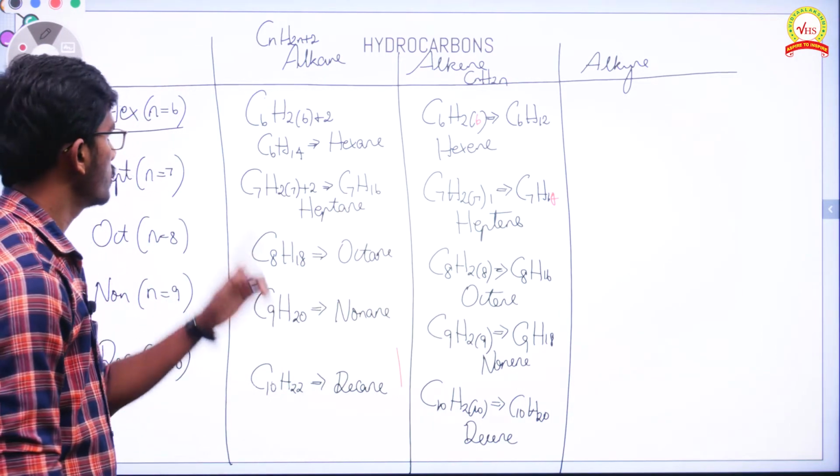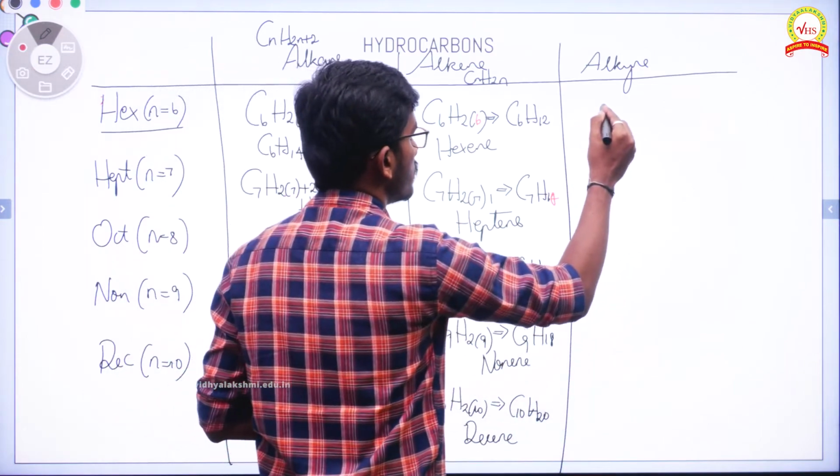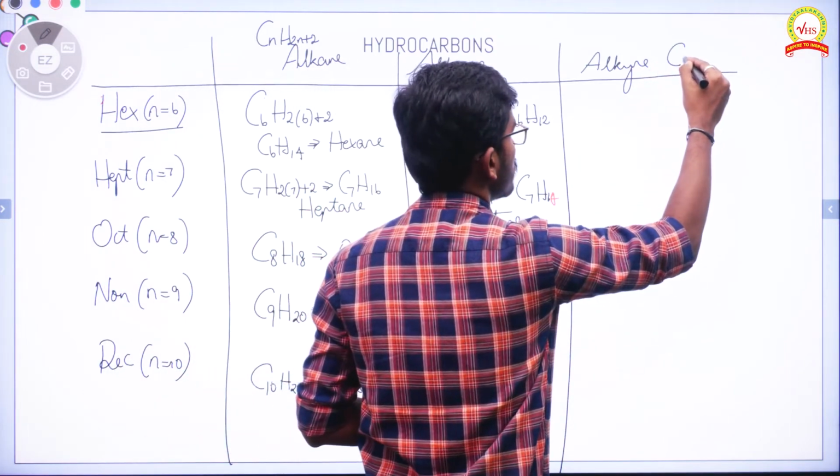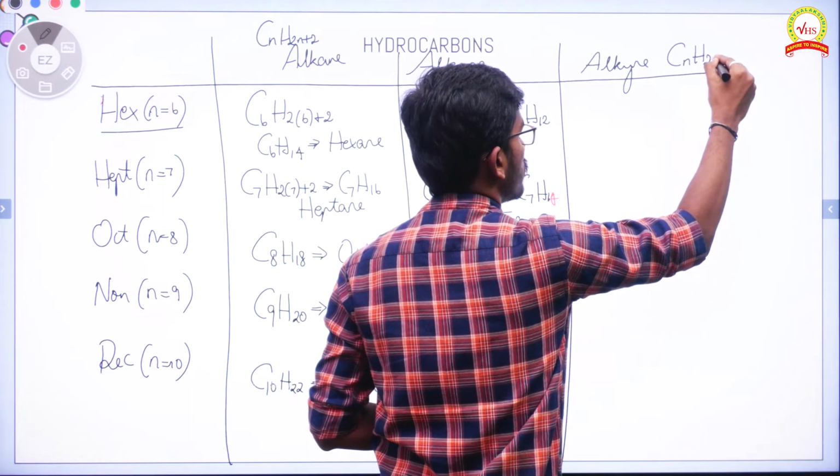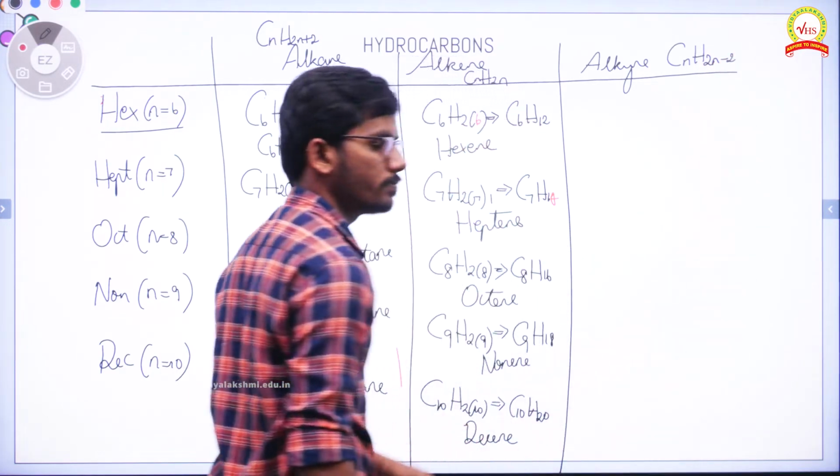Finally we are moving to the alkyne series with the number of carbon 6, and the formula for the alkyne series is CnH2n minus 2.